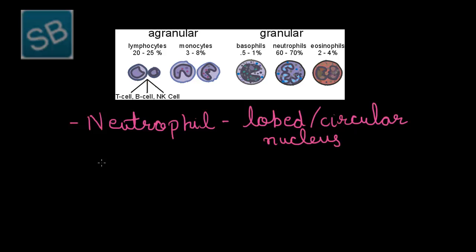They can be stained easily with both acidic and neutral or basic medium, and so they are known as neutrophils.